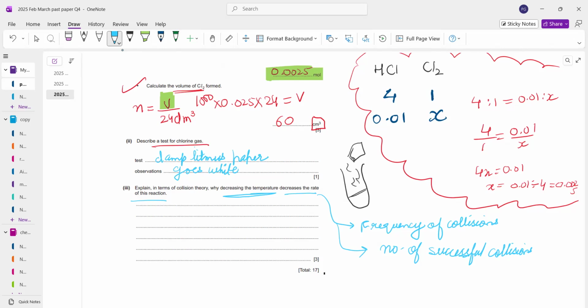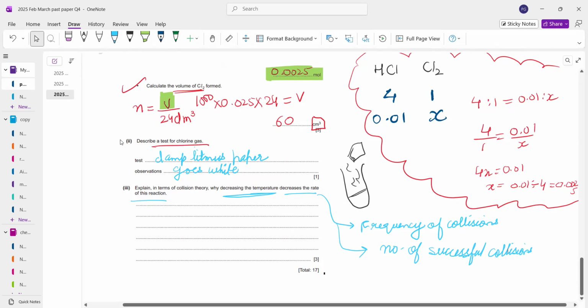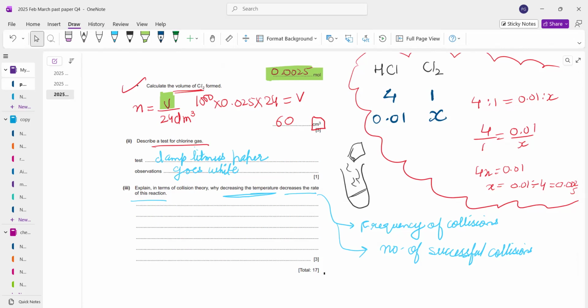So when you decrease the temperature, what happens to the kinetic energy of particles? When you decrease the temperature, the kinetic energy of particles decreases, and hence the frequency of collision also decreases. And what about the tendency of successful collisions? The tendency of successful collisions will also decrease because of that.